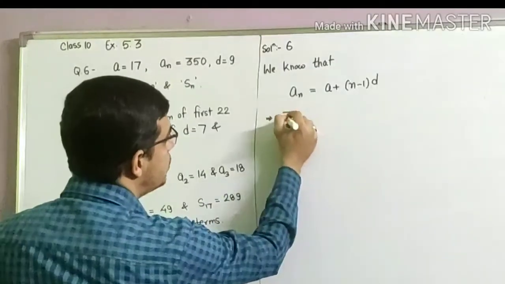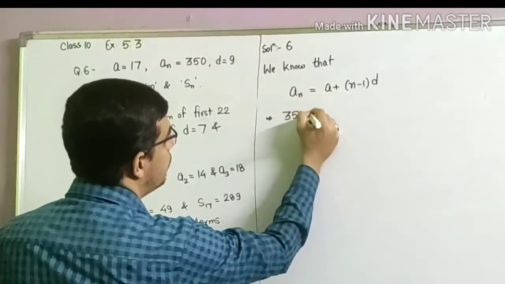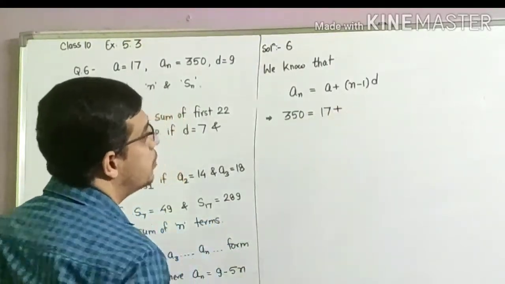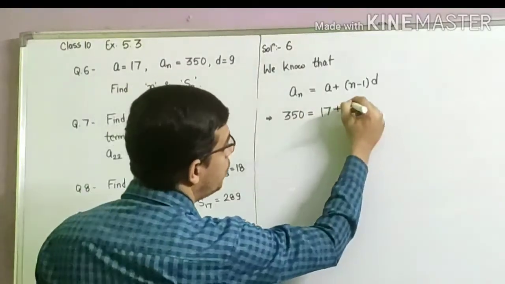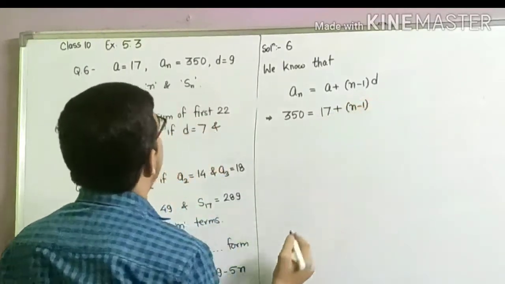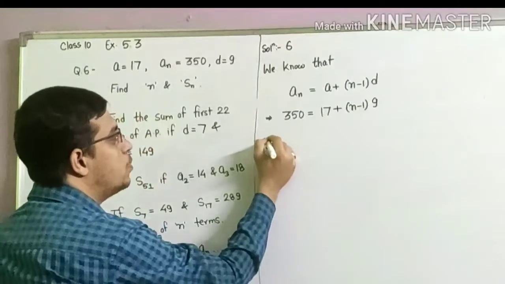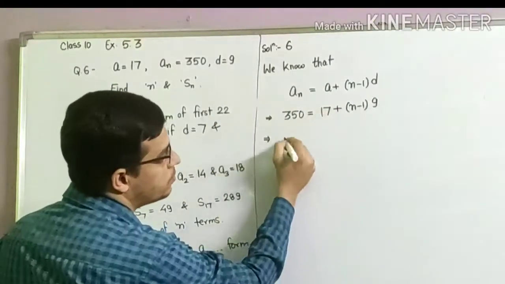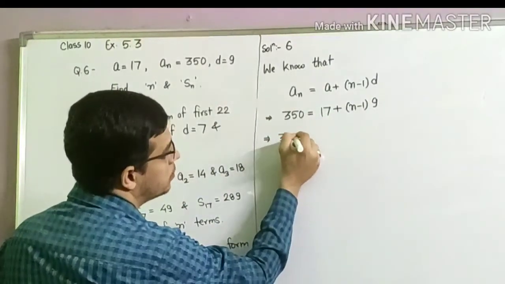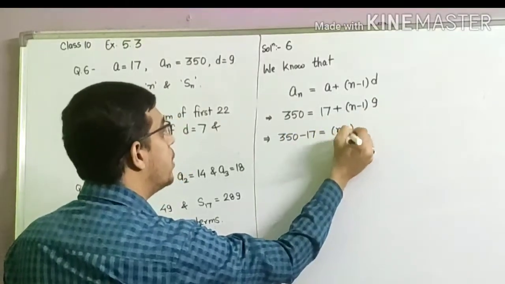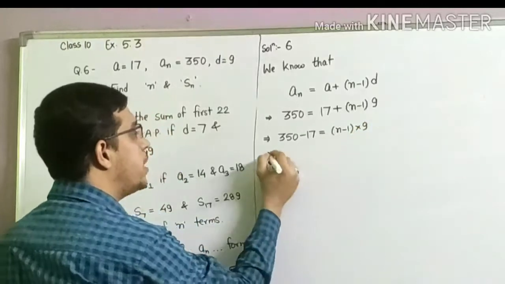So an is 350, a is 17, n we don't know, and d is 9. So 17 comes this side, 350 minus 17 is equal to n minus 1 into 9.